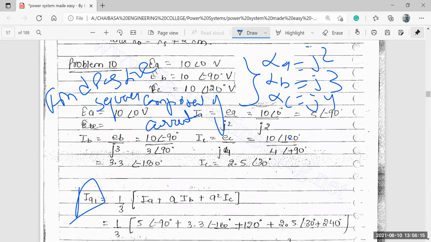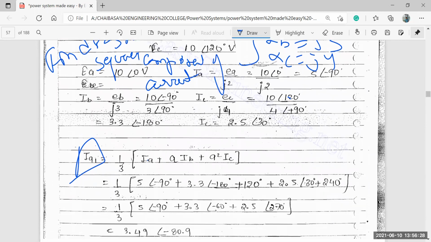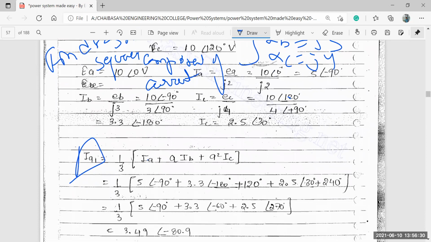This data has been given and they have asked to find only the positive sequence component of current. That's why we have solved only for the IA1 value.